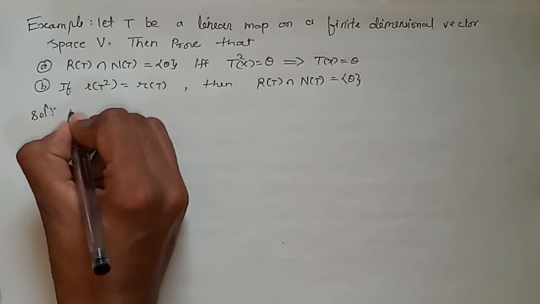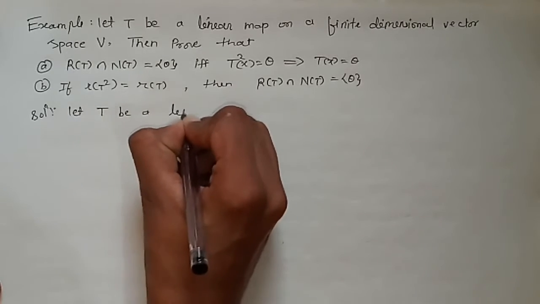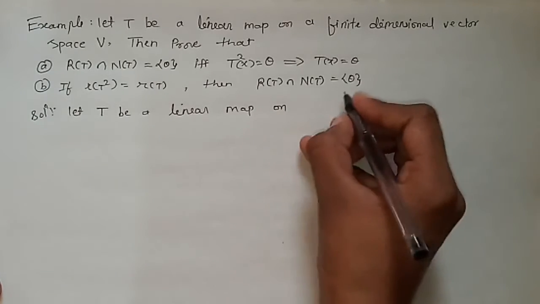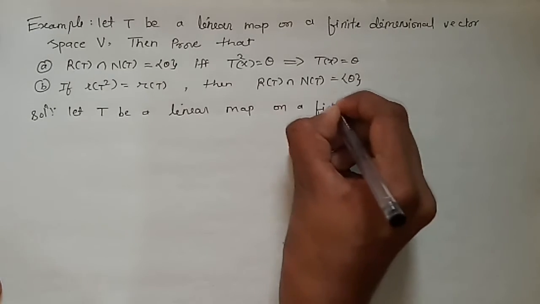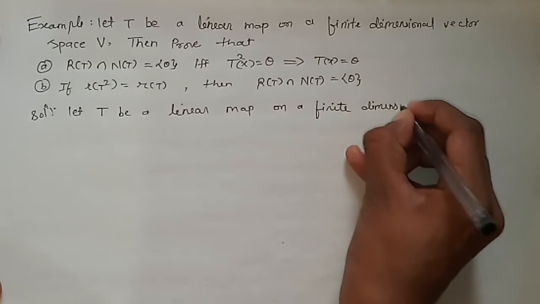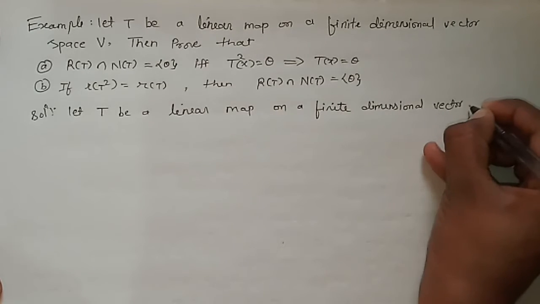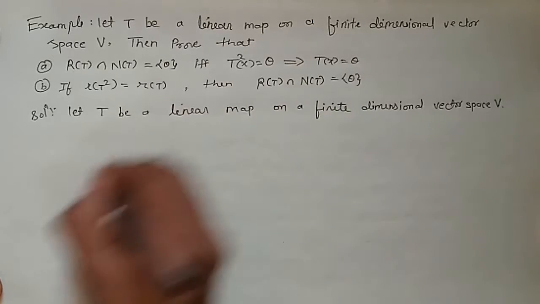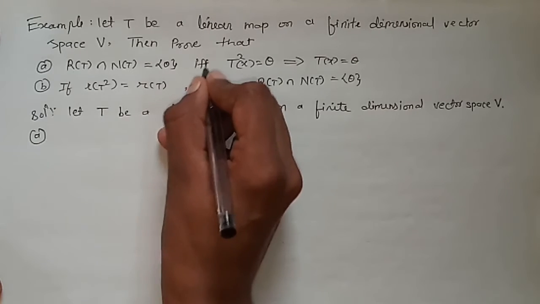So for first one, let T be a linear map on a finite dimensional vector space. And for first one, it is a question having an if and only if condition.